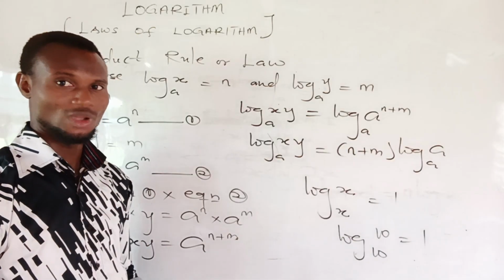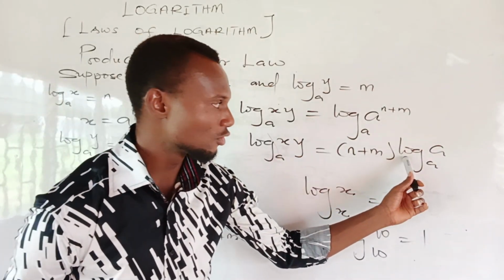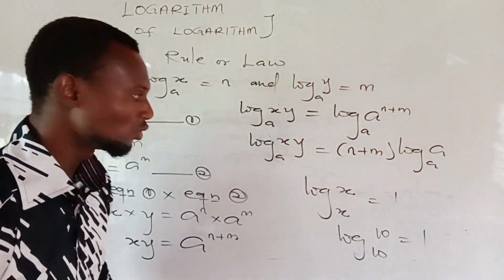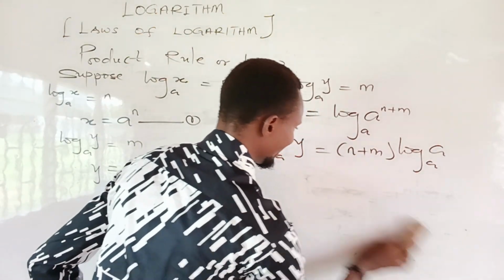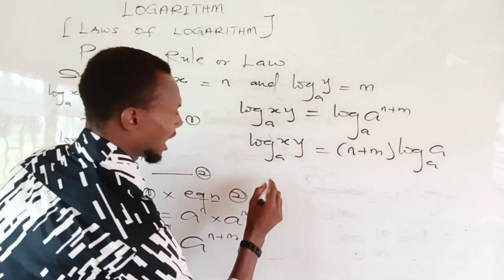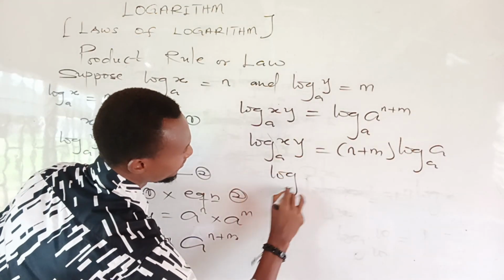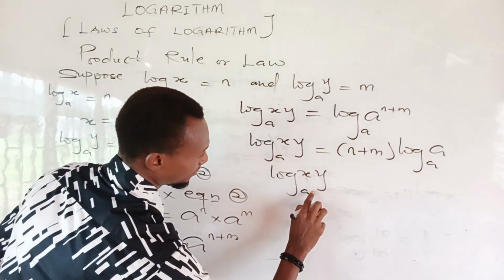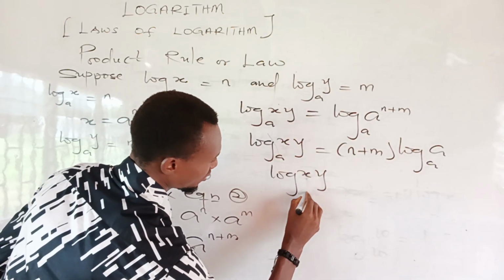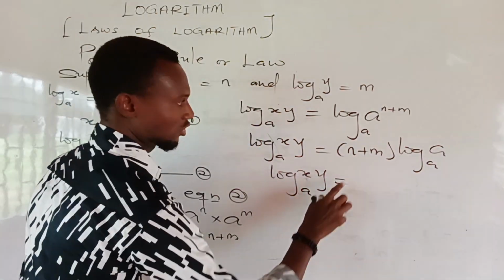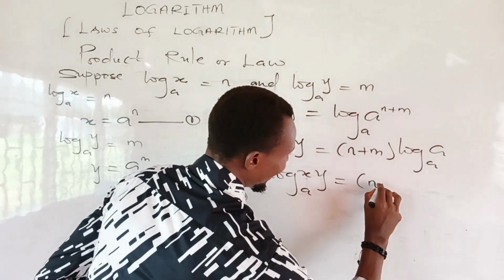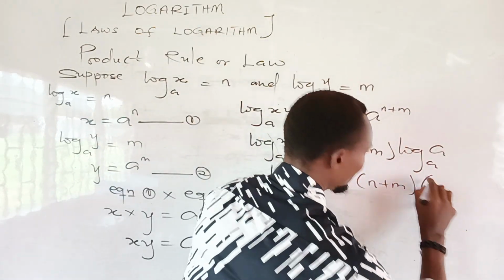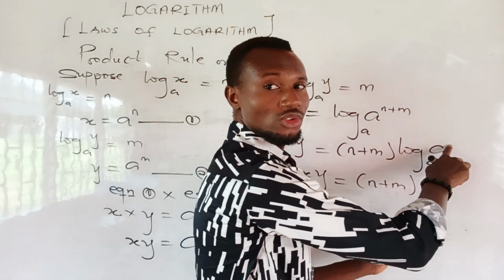So we are going to apply that here because we have log a to the base a here, which means it's going to be 1. So let me clean this one and let's proceed. So I'm going to have log sy to the base a, let me write the a, to the base a should be equal to my n plus m multiplying log a to the base a.